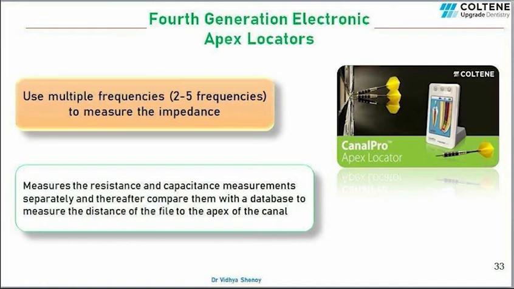This technology presumably leads to less sampling error and more constant readings. So far, this generation of apex locator is the best in the category owing to its high accuracy and reliability. CanalPro Apex Locator from Coltene is an example of a fourth generation apex locator.